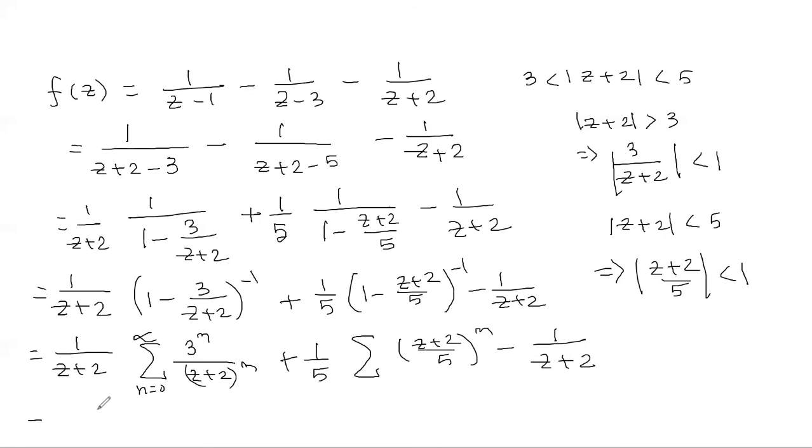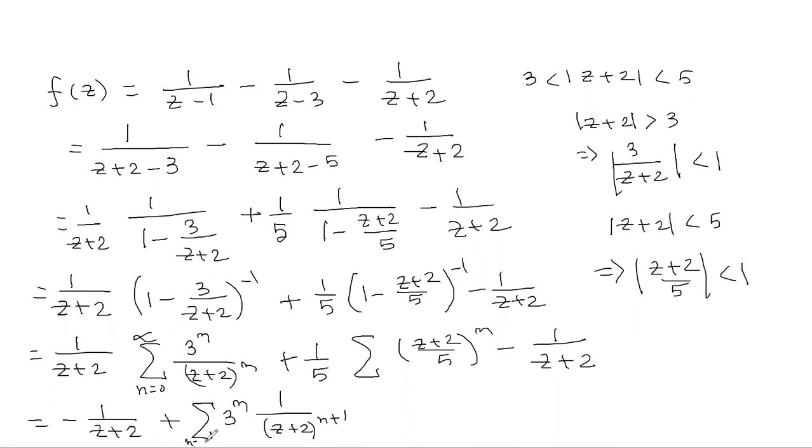So you can see our principal part is −1/(z + 2) plus the sum of 3^n times 1/(z + 2)^(n+1). So this is the principal part.